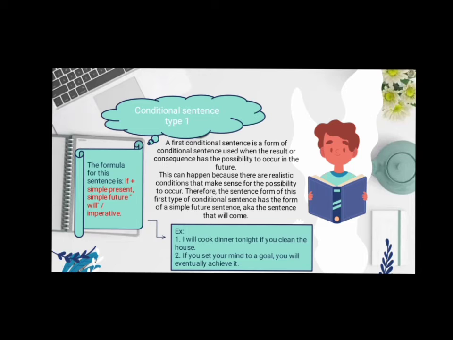Therefore, the sentence form of this first type has the form of a simple future sentence, aka the sentence that will come. The formula for this sentence is if plus simple present, simple future will, or imperative.